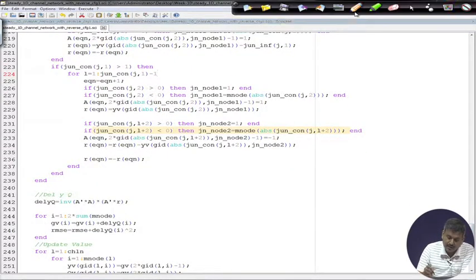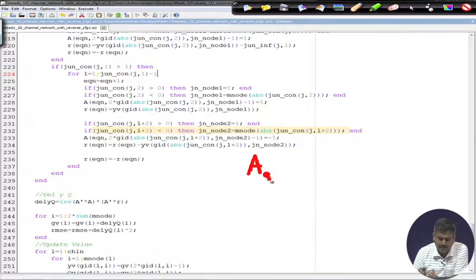Now, interesting part here is that the size is, we have 81 equations, but we have 80 unknowns, because I have already specified QU value there.